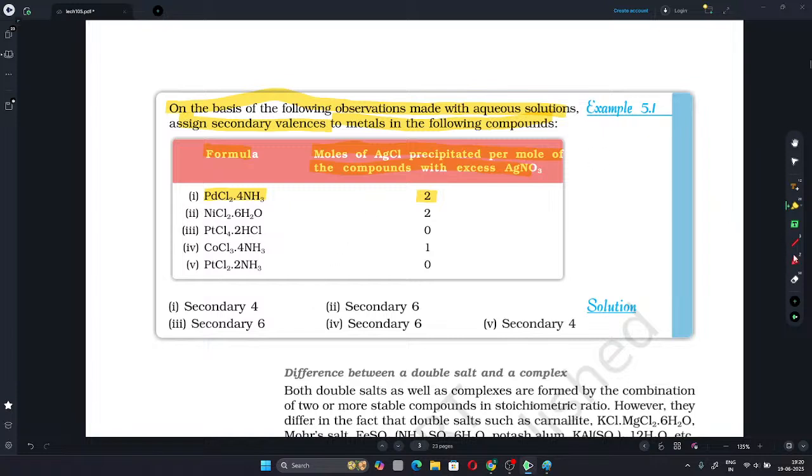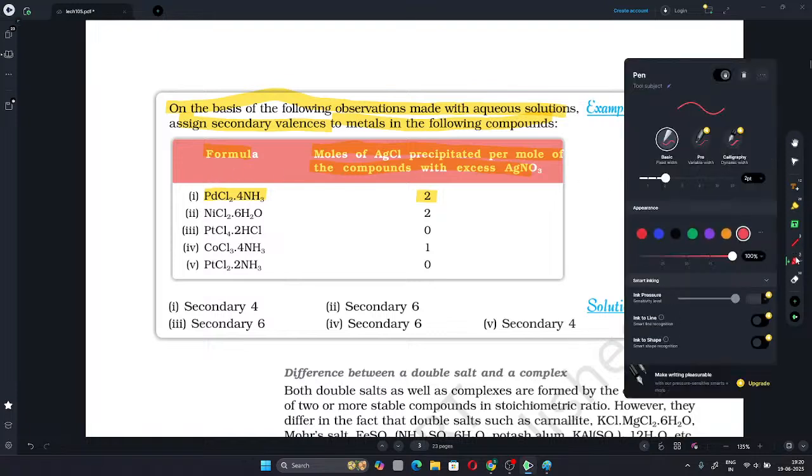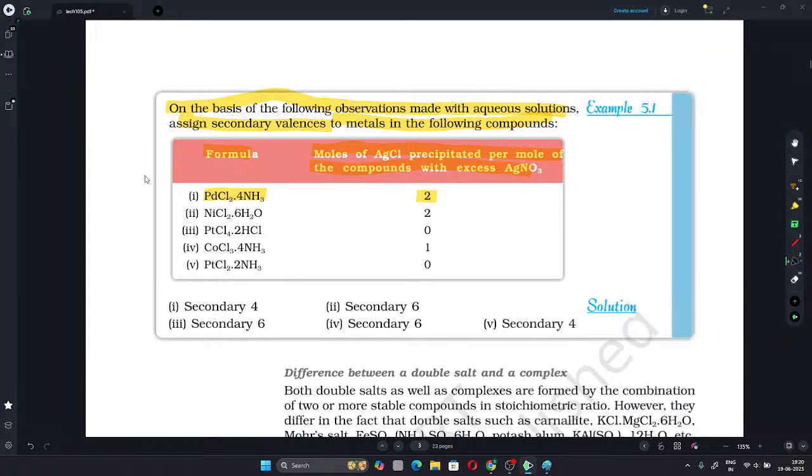Here we see that it has 2Cl, and it also precipitated 2Cl. So we can understand that in this compound, there is no Cl in the complex.